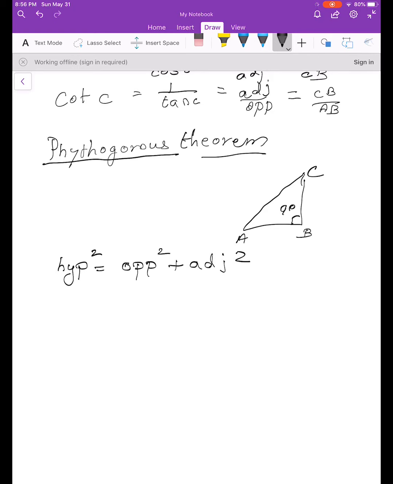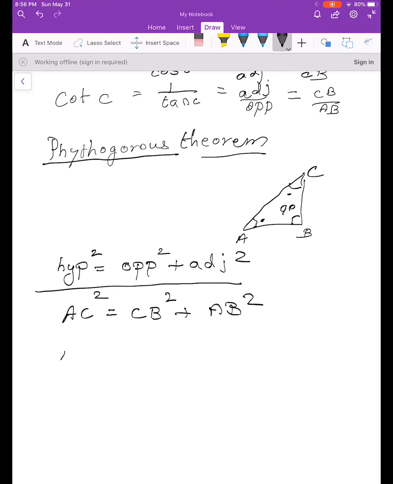This is going to remain the same for angle A and also for angle C, because it is just an addition of opposite plus adjacent. So hypotenuse square, AC square, is CB square plus AB square. I am writing with respect to angle A.